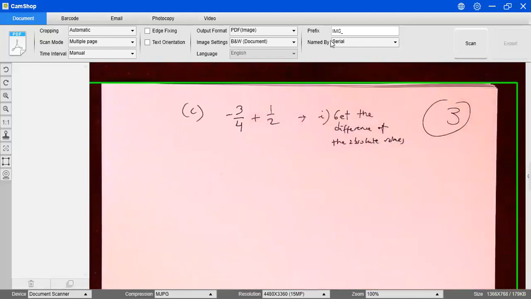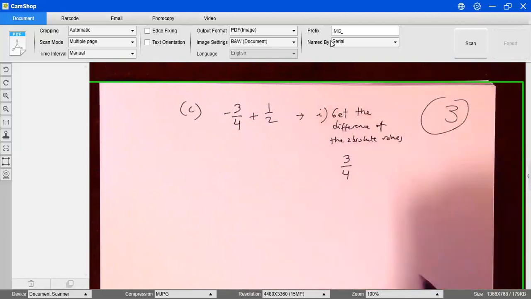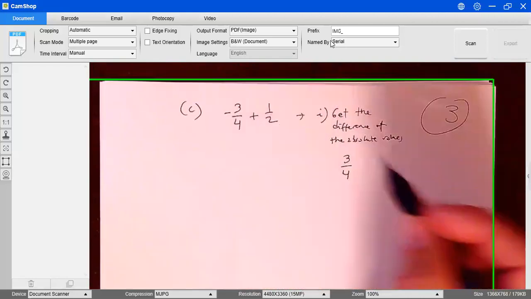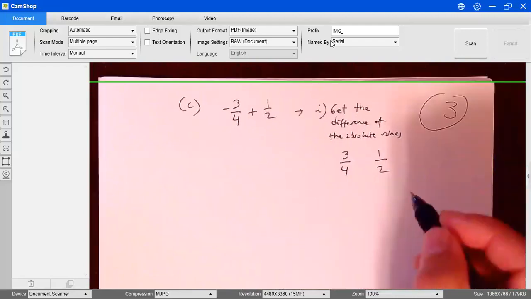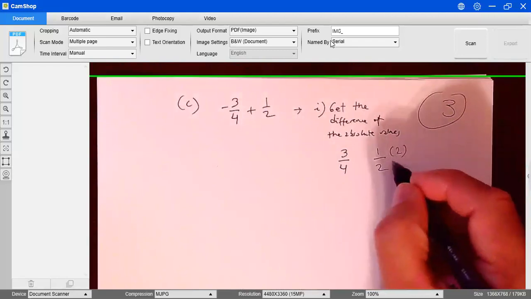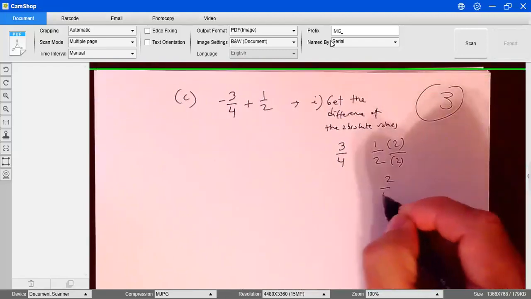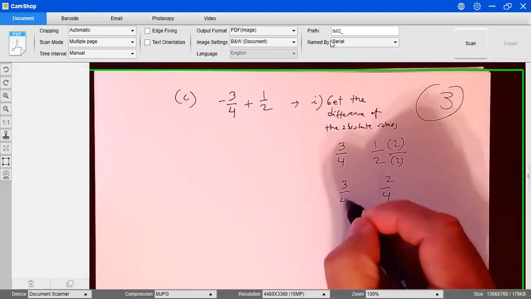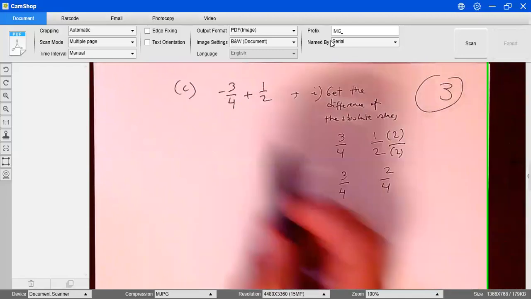So this is going to be 3/4. This is the first absolute value, and this is going to be 1/2. And remember, this is going to become 2/4, 3/4. So I have my absolute values from these fractions here.